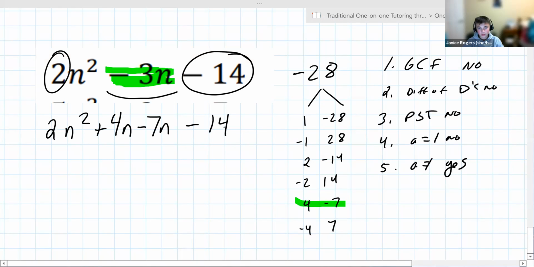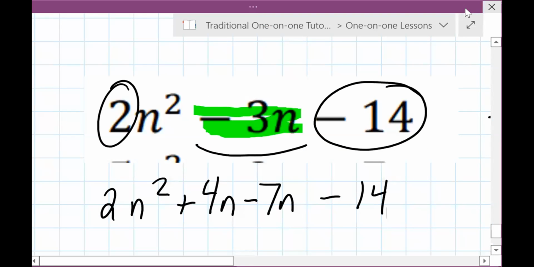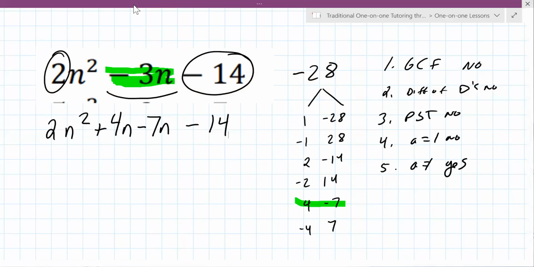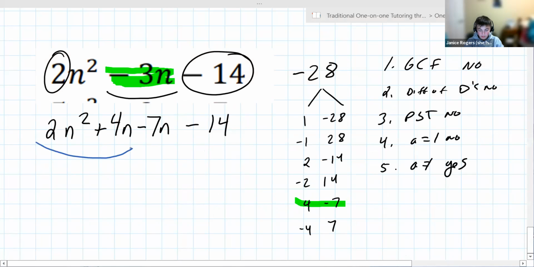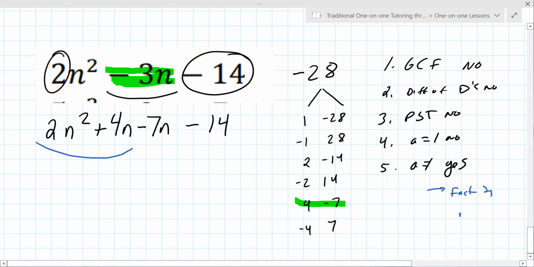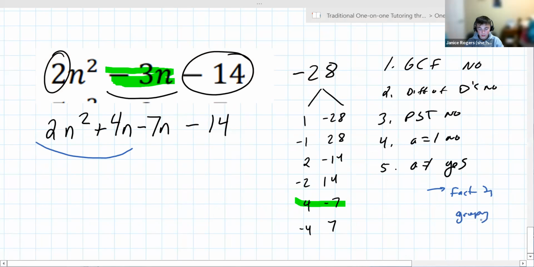Now, why would you do this is maybe a question you might be asking yourself. Well, this is factor by grouping. Remember earlier I said there's a reason you're learning factor by grouping. It's because you break apart these a not equal to ones into factor by grouping. So that's why we learned it.